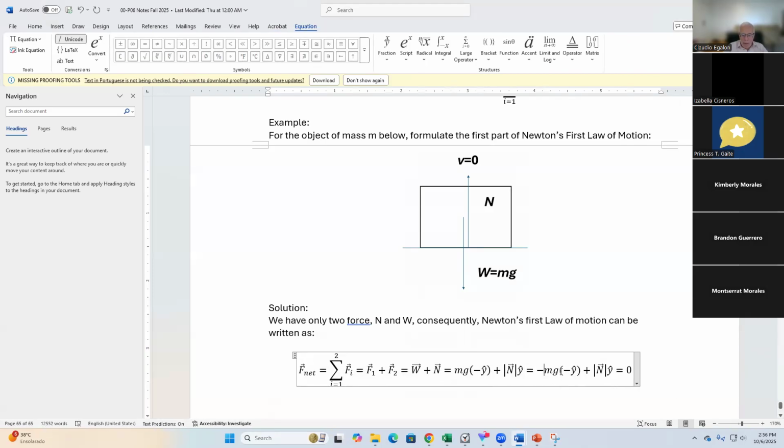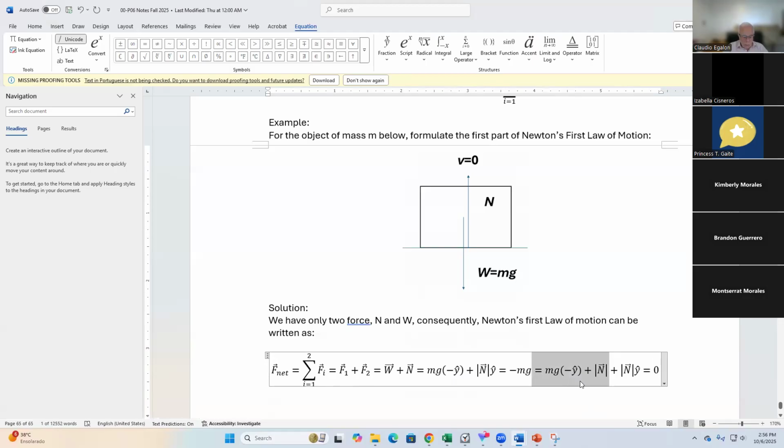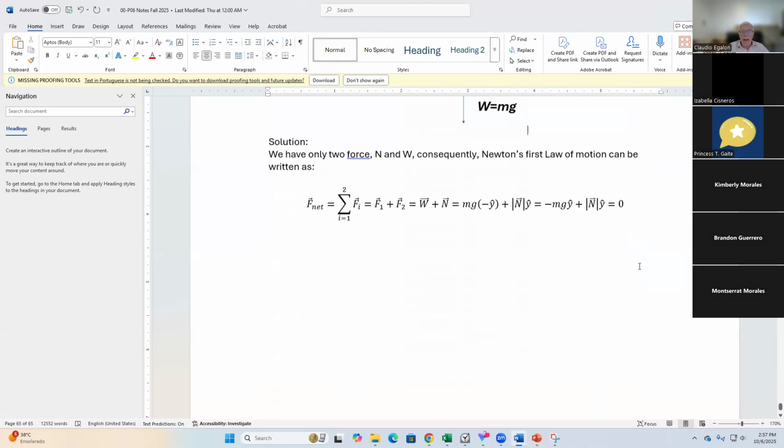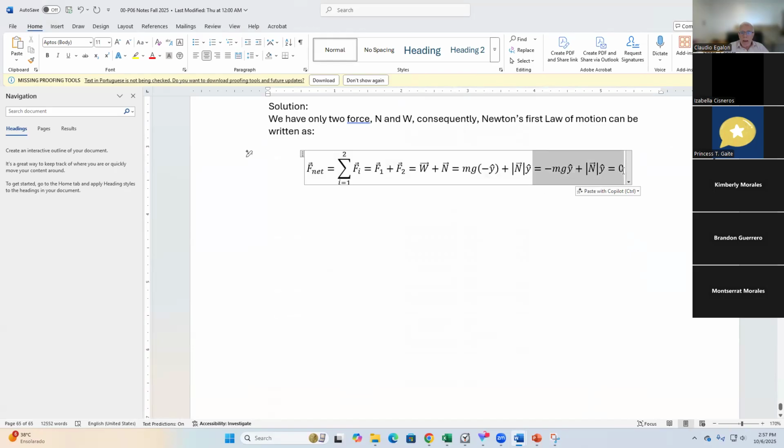Negative mg, like that. Negative mg y hat. And that's how we formulate Newton's first law of motion using what we know, right?